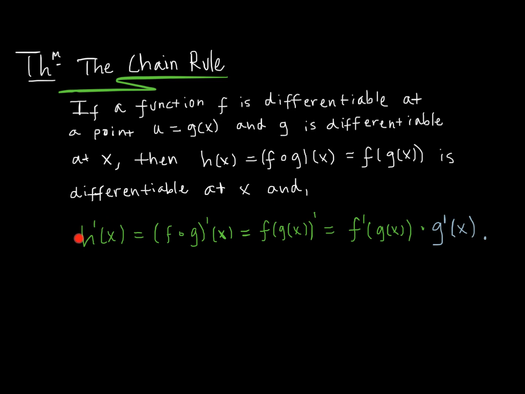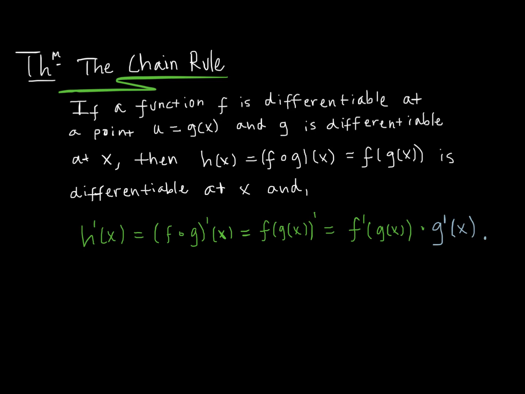each of these is just another way of writing the derivative of the composition. So I've already named h as the composition. So the derivative of h, and another way of writing the derivative of f composed with g of x, is by putting the prime notation here. So f composed with g, prime of x. And if I have written it as f of g of x, then the derivative of that will be f of g of x, prime.